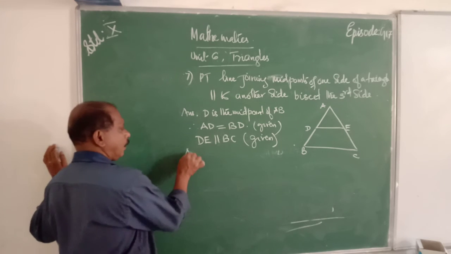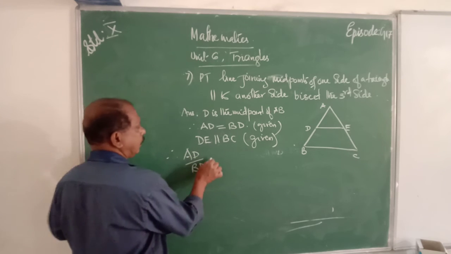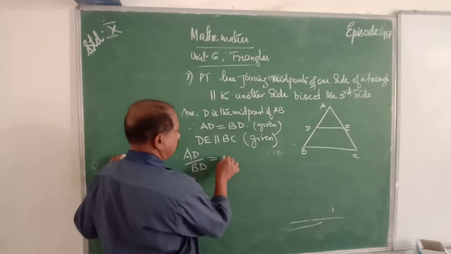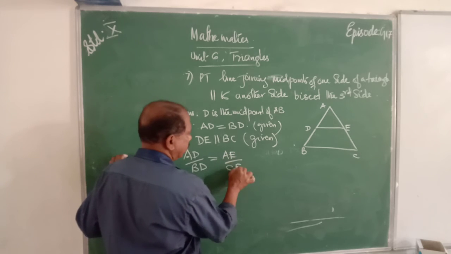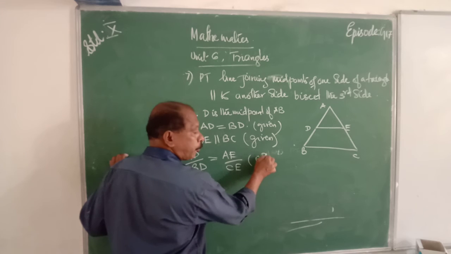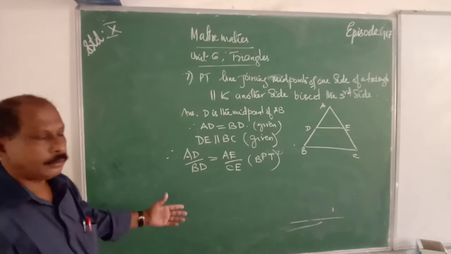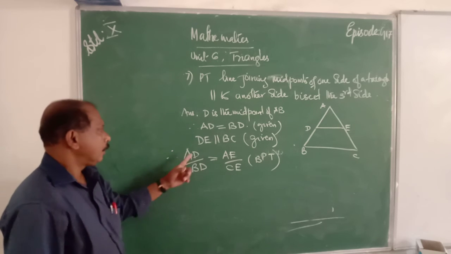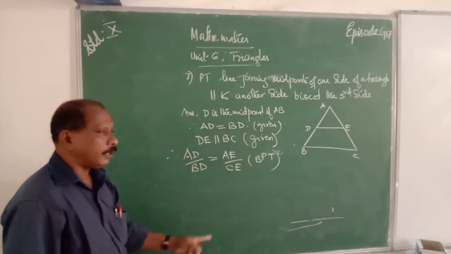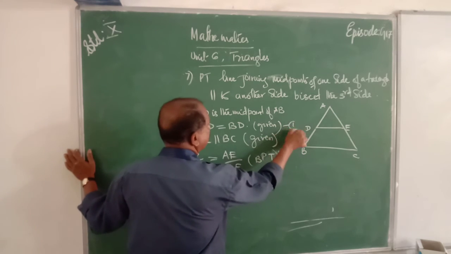Therefore, AD by BD is equal to AE by CE. That is the basic proportionality theorem. Clear? Then AD is equal to BD. Therefore, this is equation number 1.